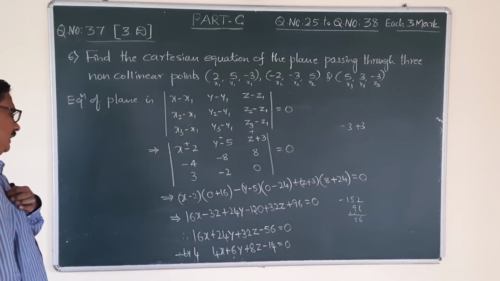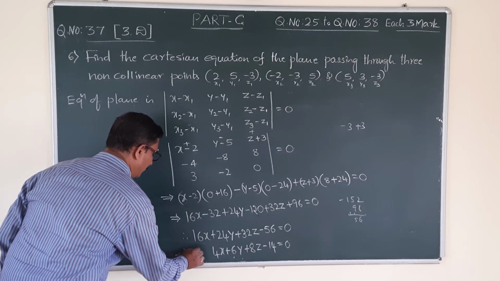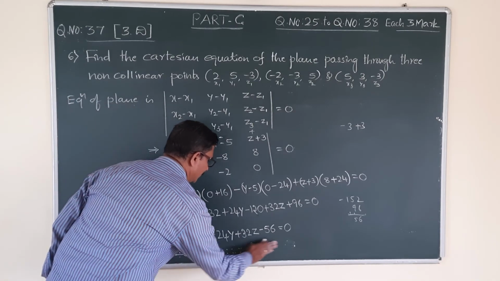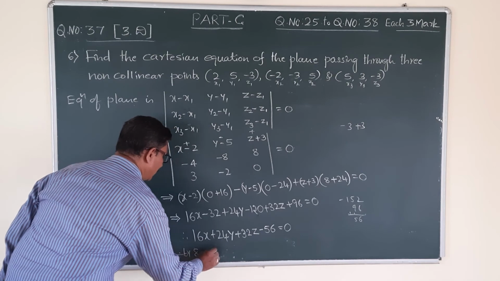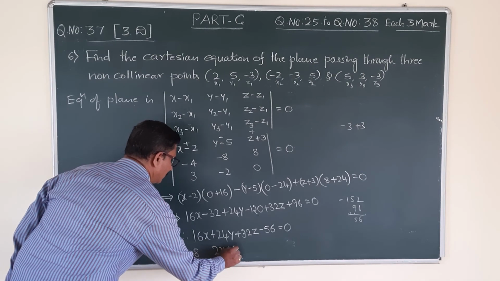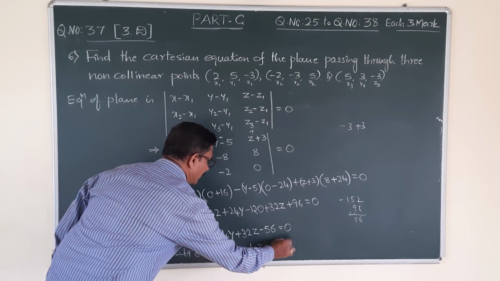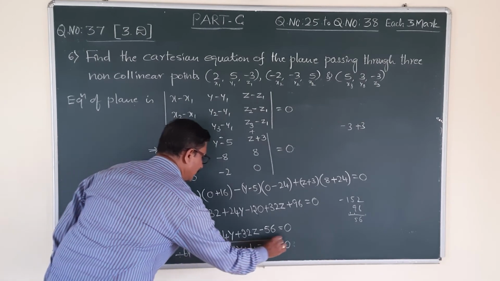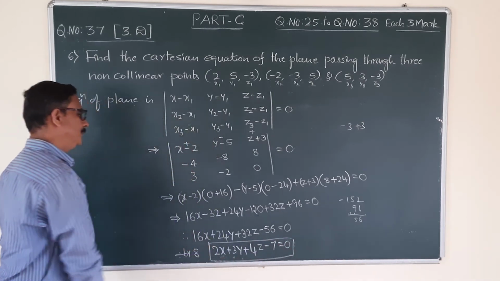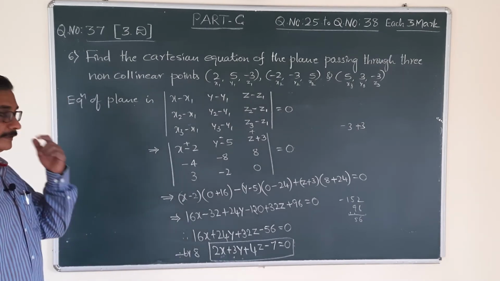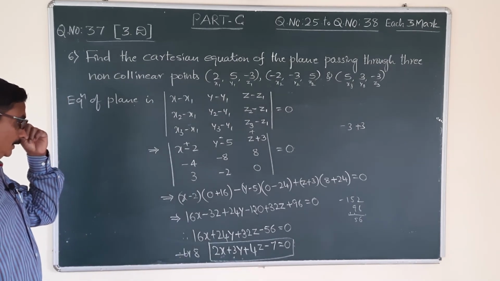Further I think 8 is common, so divide by 8: 8 2s are 2x plus 3y, 8 4s are 4z, 8 7s are 7. So 2x plus 3y plus 4z minus 7 is equal to 0.